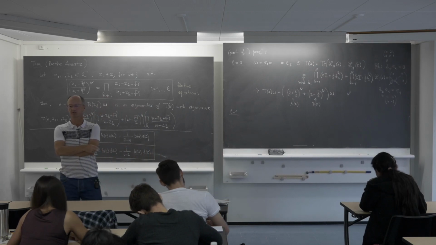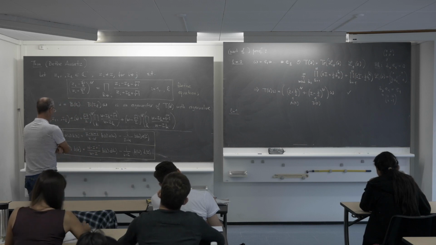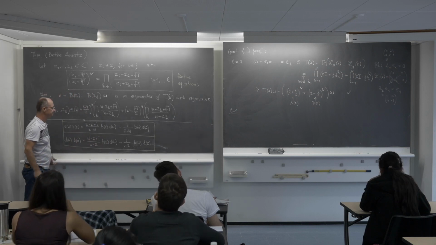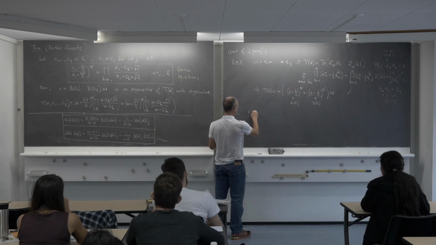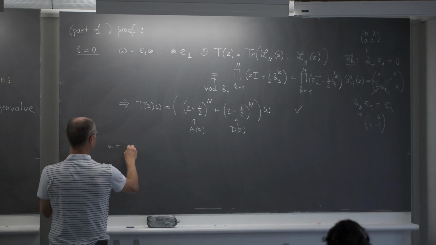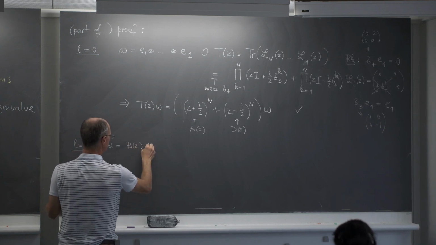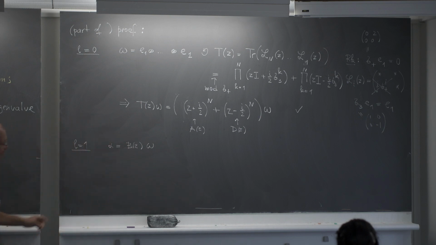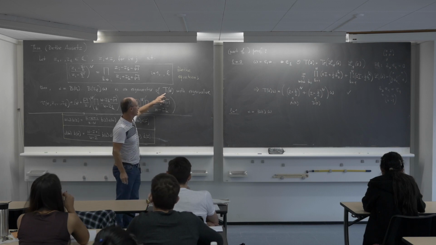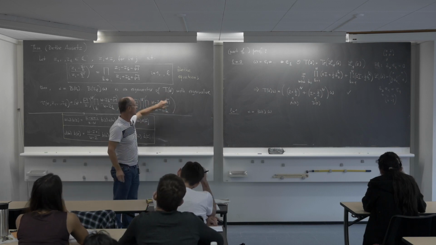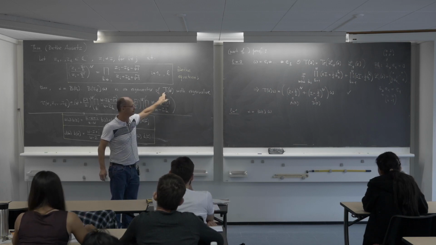So we'll finish by proving the L equal to 1 case. For that, let me consider a vector alpha equal to B of z times omega. And I would like to check when this is a common eigenvector of T of w for all w.